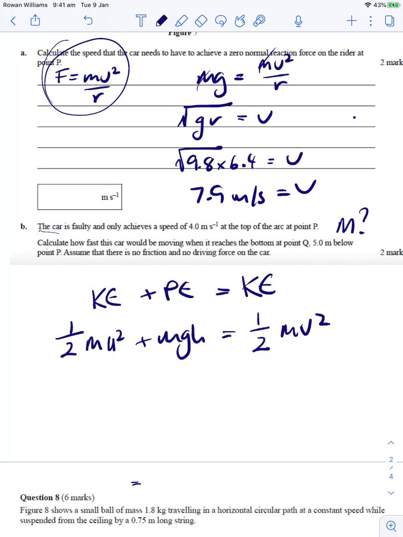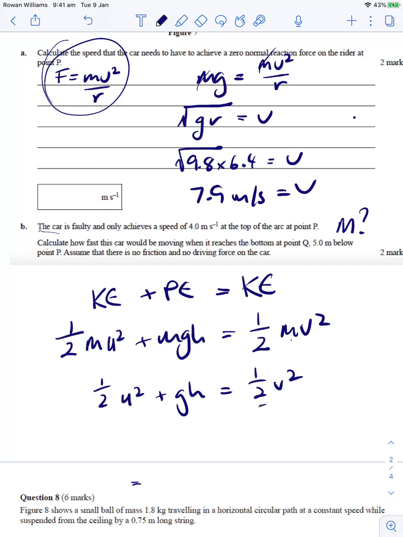All right, so then we can now see that we've got mass on one side, mass on the other side. So if I divide all this by m, that means I'm cancelling those out. So there goes my mass. Happy days. So I can rewrite this as a half u squared plus gh equals a half v squared.